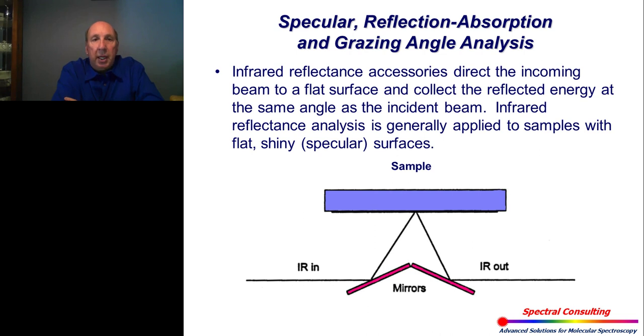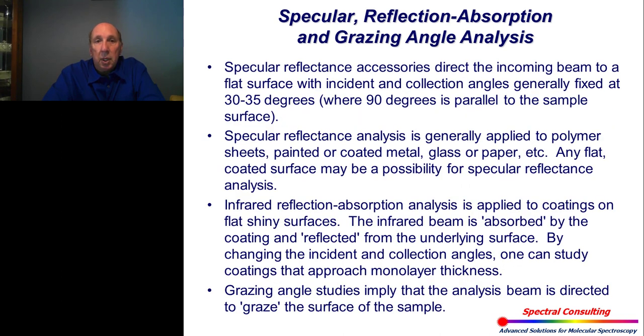So in the case of specular reflectance with a very flat and shiny surface, we can do the incoming and outgoing infrared beams at about 30 degrees. So 30 to 35 degrees, where 90 degrees is parallel to the sample surface.